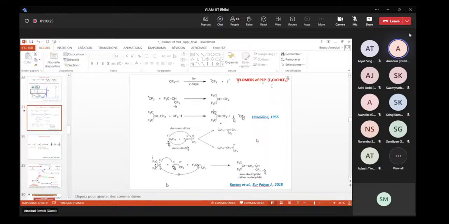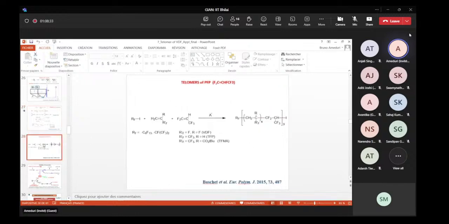So this was a second example I wanted to mention, that not only VDF but also many other products work. This paper also summarized all the different attempts we did regarding the use of VDF, trifluoropropene, and even acrylate in copolymerization or terpolymerization with this PFP to have different telomers. So just go back to this paper if you're interested in pentafluoropropylene.